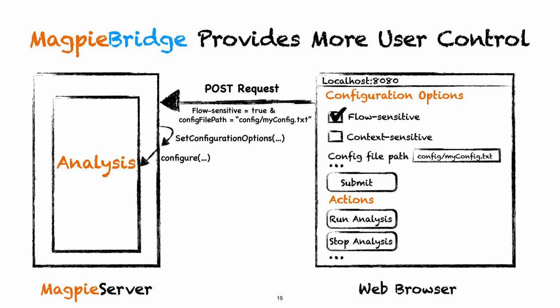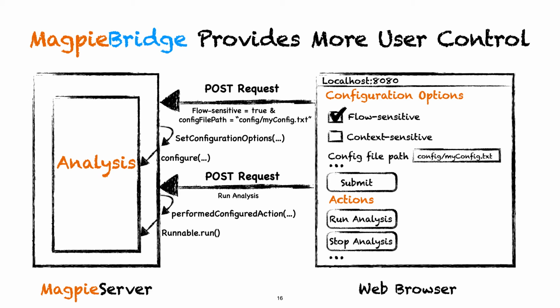The users can then select the configuration options in this page and submit them back to the server. The Magpie server can then use this information to configure the analysis, which has been defined by the analysis writers in the configure method.